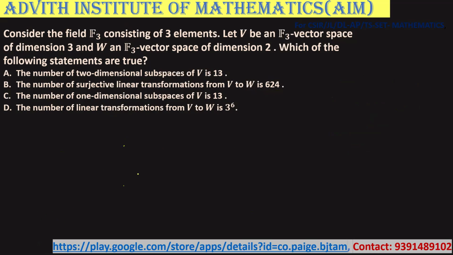Let us see the first one. Suppose V is an n-dimensional vector space over the field Zp.